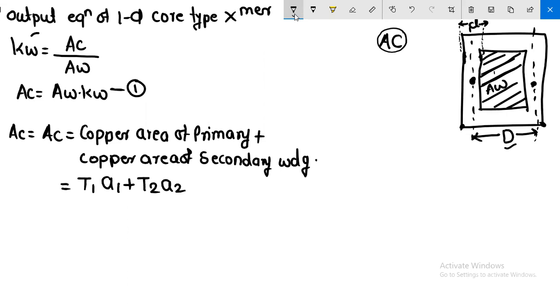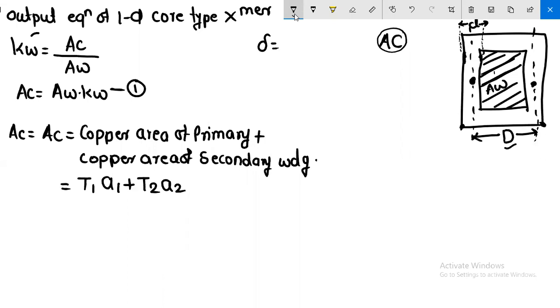See, if I consider the current density as this particular delta, what is the formula for current density? Current divided by area. What we are assuming is that whatever this current density is, it is the same throughout this particular core.